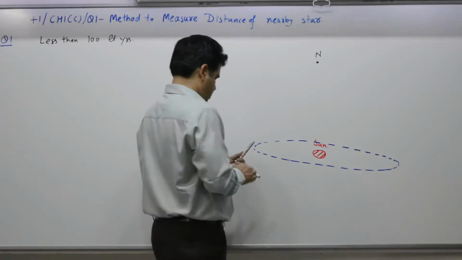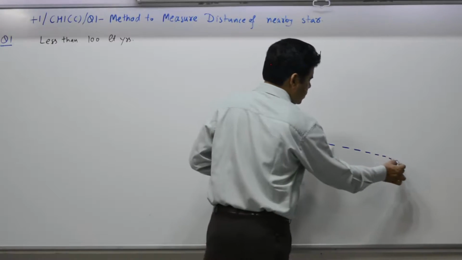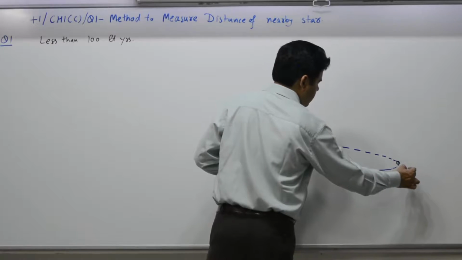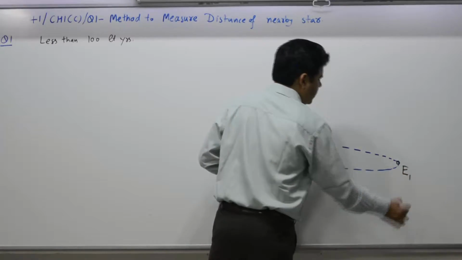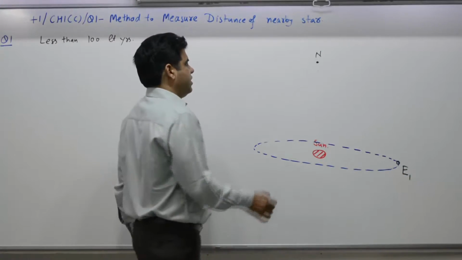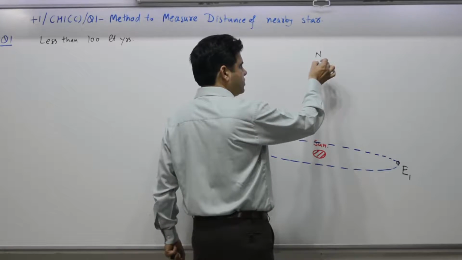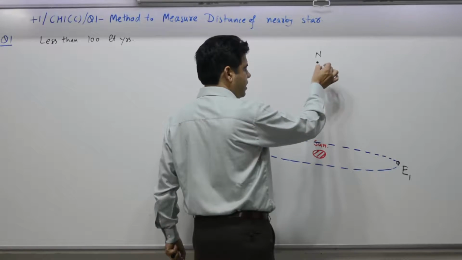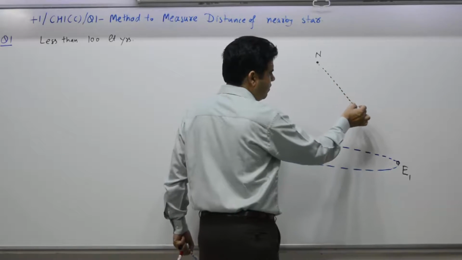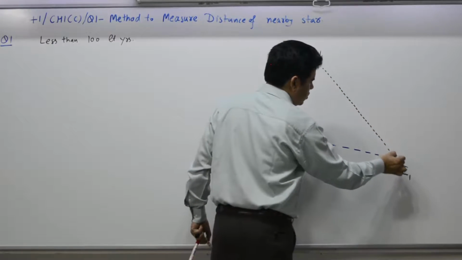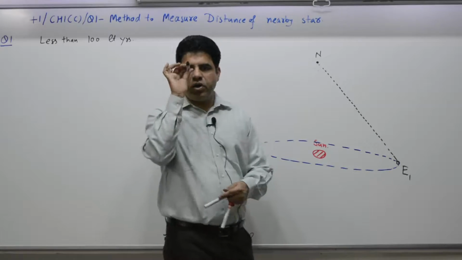When you are at one position, this is the first position of Earth. If you use an astronomical telescope to see this star N, you will fix your telescope along this line.